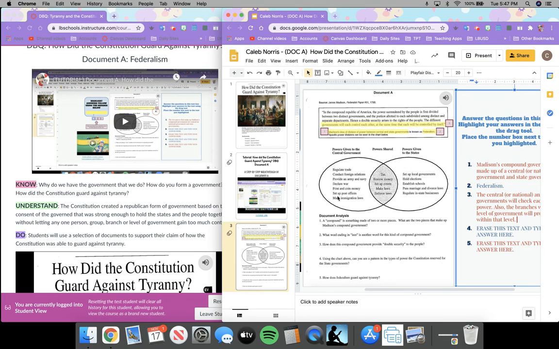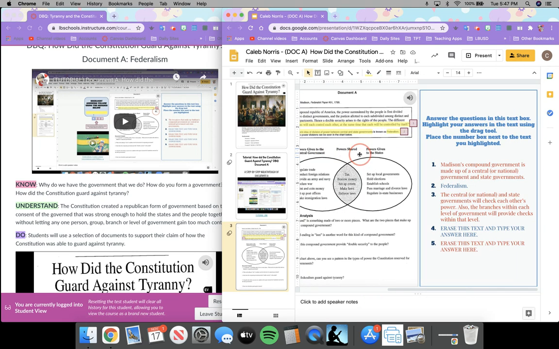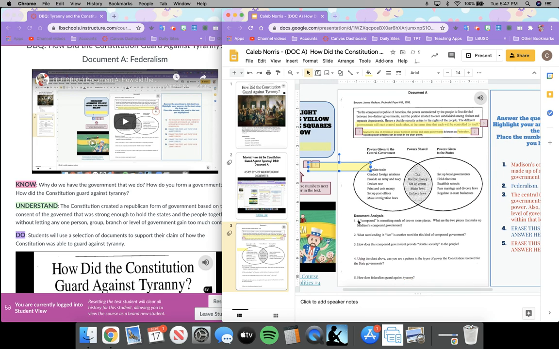Okay, so when I look at this, what words can I highlight or what can I show as my evidence? I'm going to go ahead and take my little box here and I'm going to put it over the words local, now instead of having to resize another box, I'm just going to click and copy and paste that box because I also want to talk about marriage and divorce, very personal to the people living within that area.